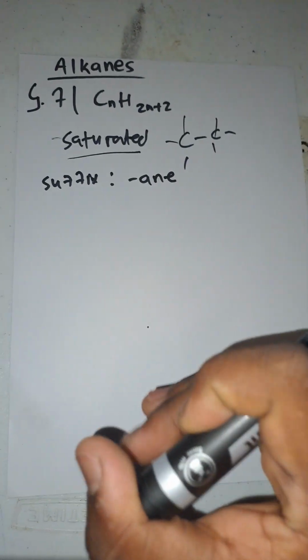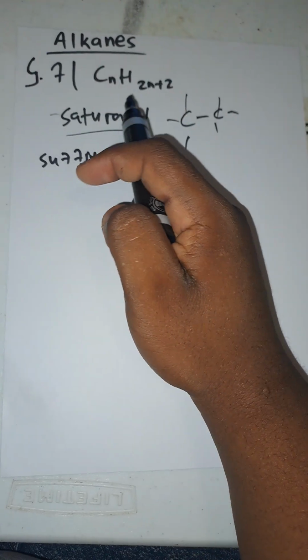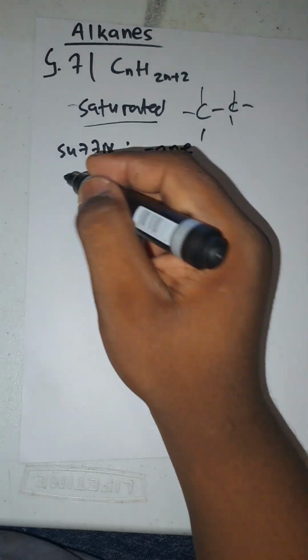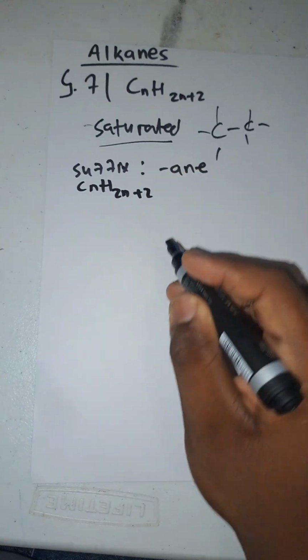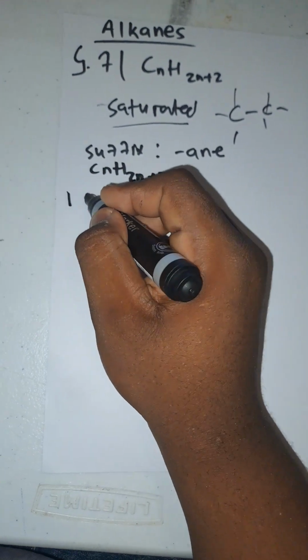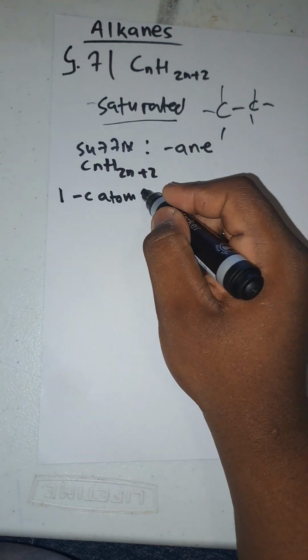So let's check the first 8 alkanes that we have. Remember, this is the general formula, CnH2n+2. So now let's start with one carbon atom. What did I say?